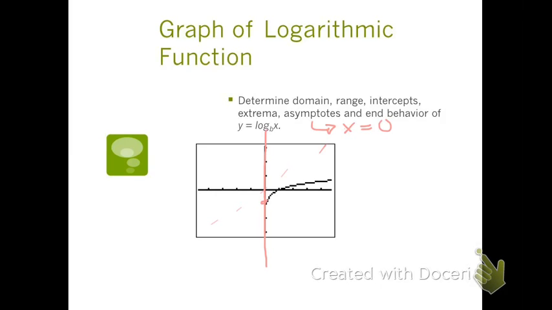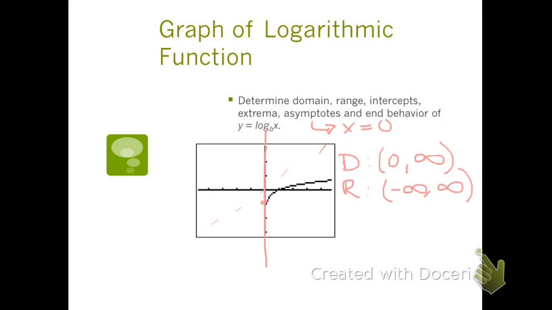So this means that the domain is going to be, we're not going to equal 0, so curved brackets up to infinity. Range, even though it doesn't look like it, it's negative infinity to positive infinity.